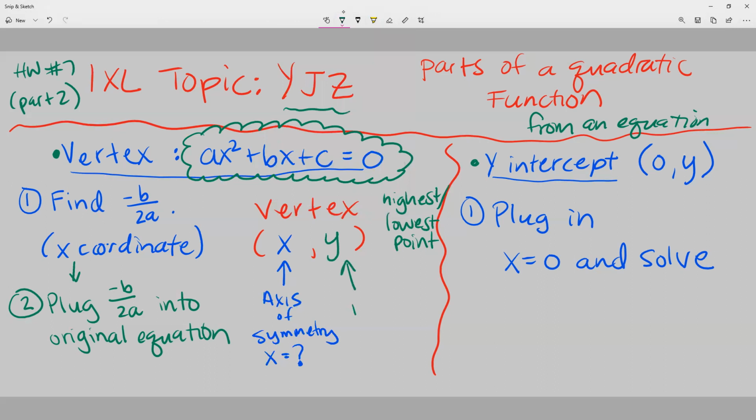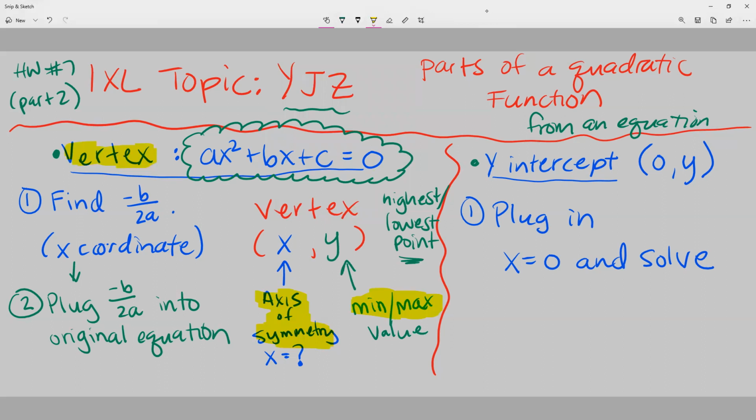This is either the minimum or the maximum value, depending again on if it's flipped up or down, which shape the bowl is going. So that gives you information here on how to find the vertex, and then once you have the vertex, how you can take information out of it to find the axis of symmetry or the min and max value. So those are different things that this topic in IXL will ask you to do.